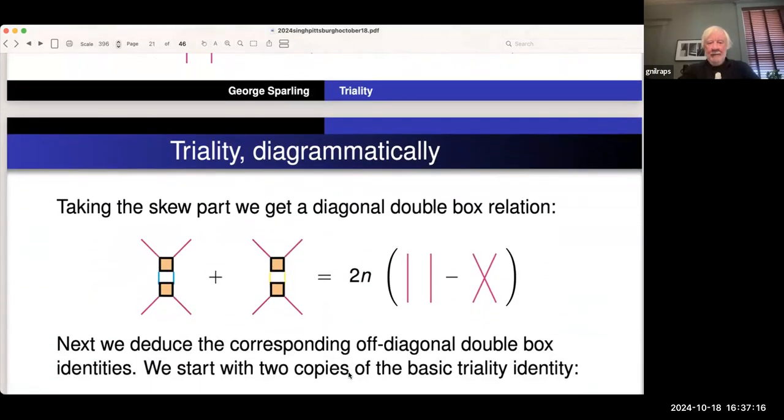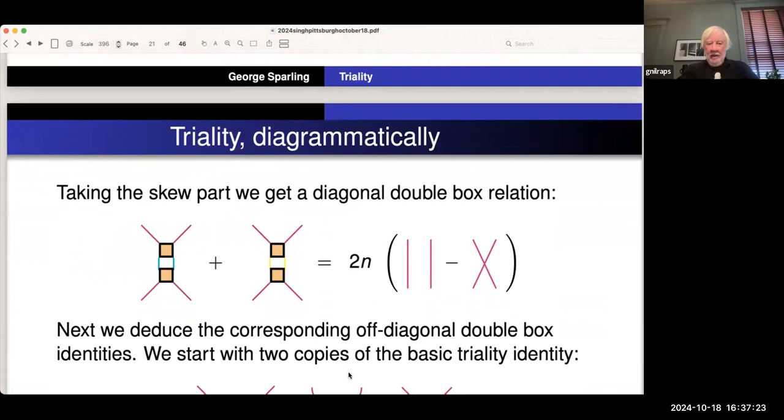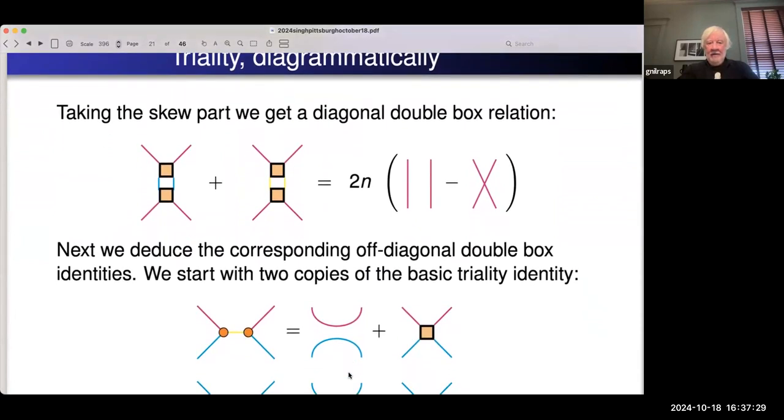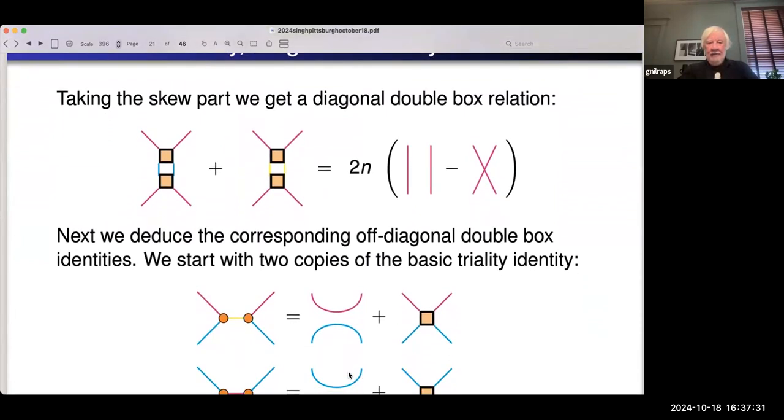And now we get to the main point. Taking skew parts, you get a formula for the sum of 2 double box things glued together. And it'll turn out that we can actually get a formula for the difference.